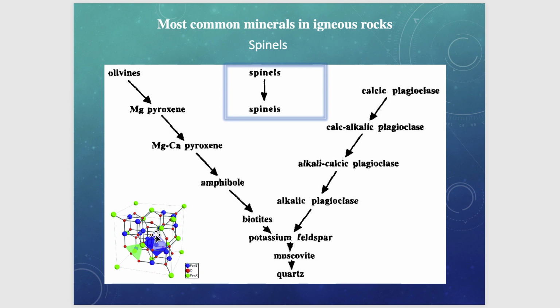This is the structure of magnetite as an example, an oxide of iron, and the different valence of iron will play a role in the structure, and so it will essentially bond either to tetrahedrons or octahedrons.